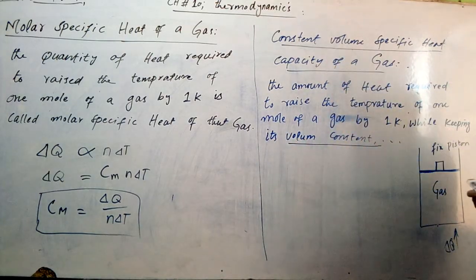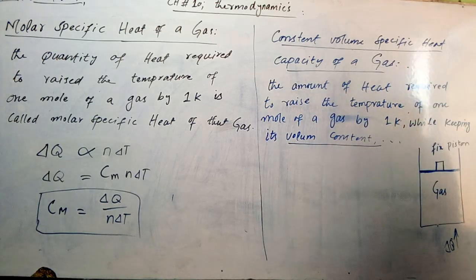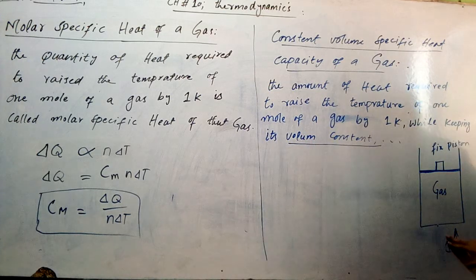That is called constant volume molar specific heat capacity of a gas. Let me explain this with an example.